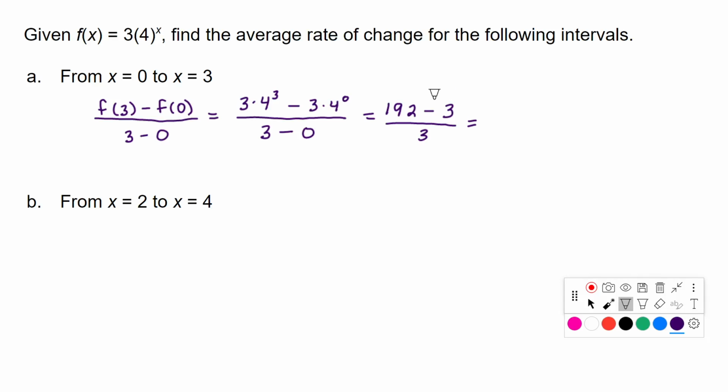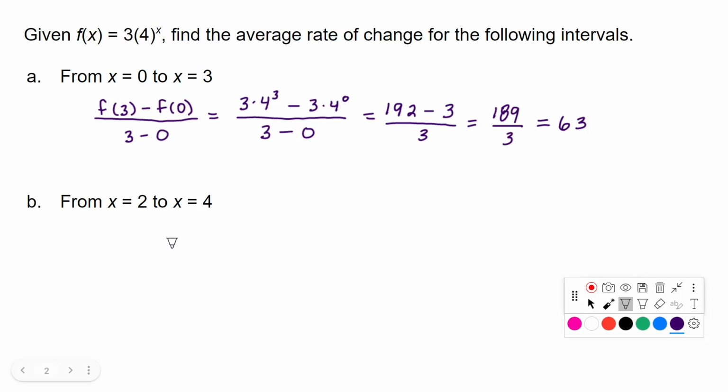So 192 minus 3 is 189, and we're going to divide that by 3. So 189 divided by 3 is 63. So we have an average rate of change of 63.